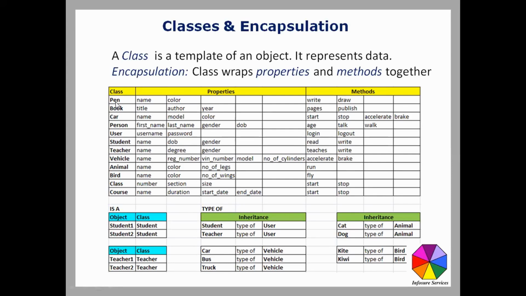Properties are what you could define inside a class. Properties can be defined for a pen class as name, color. Simply put, you can think of it like a variable. When you define a class and you have a variable name, that is what is called a property. And then this pen can write and draw. So these are some methods.